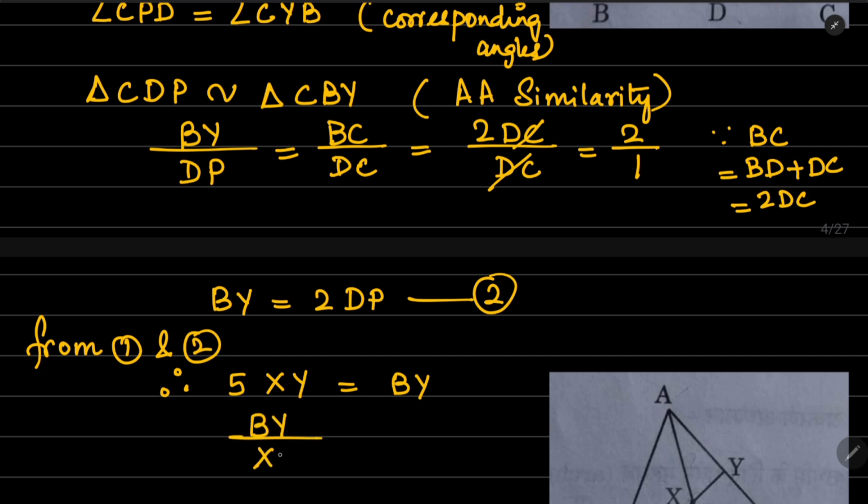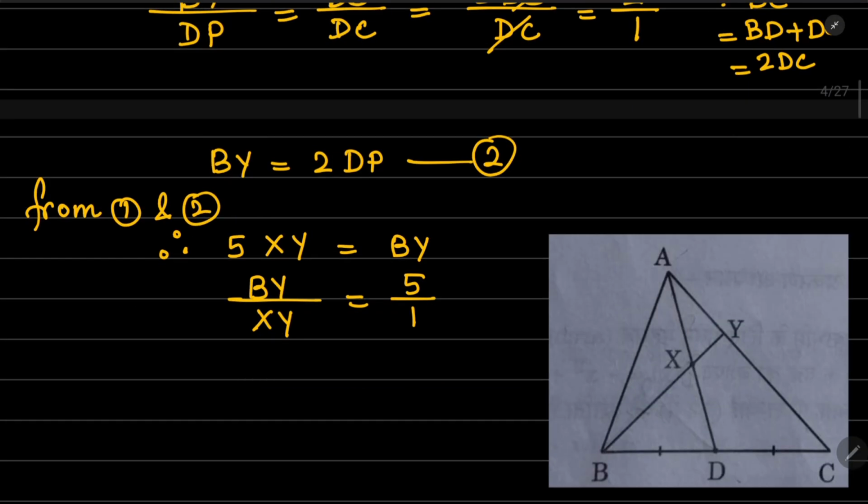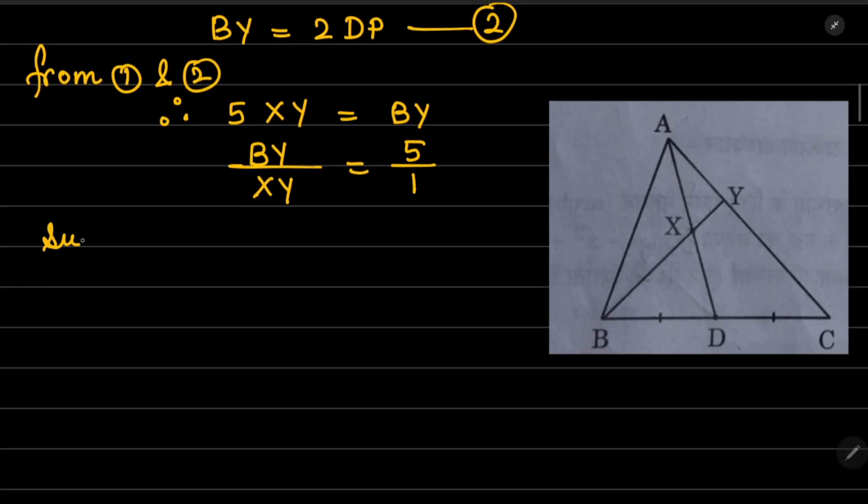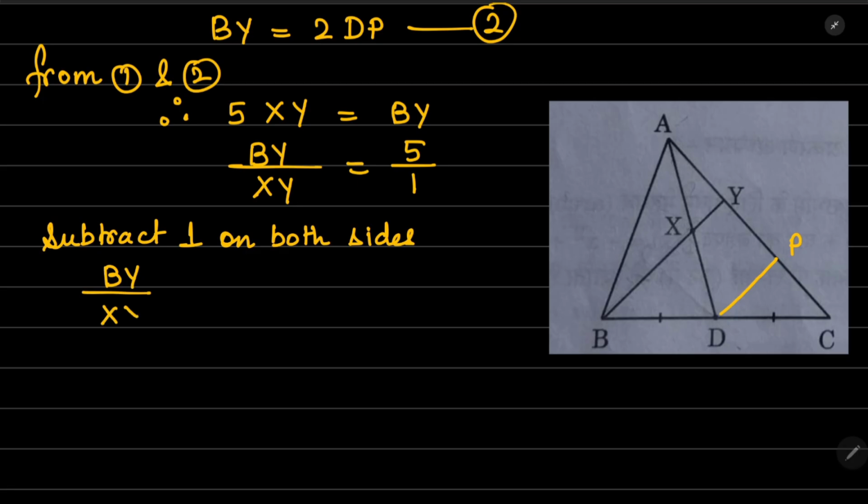Now what is this BY by XY? BY divided by XY is equal to 5 by 1, right? Subtract 1 on both sides. So you will get BY by XY minus 1 is equal to 5 by 1 minus 1.